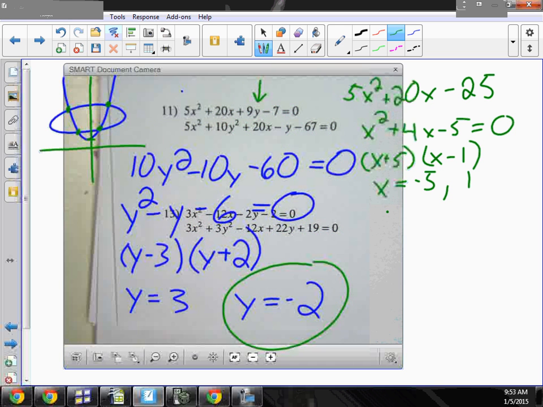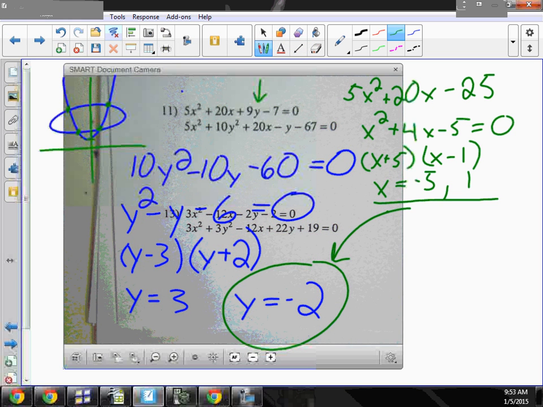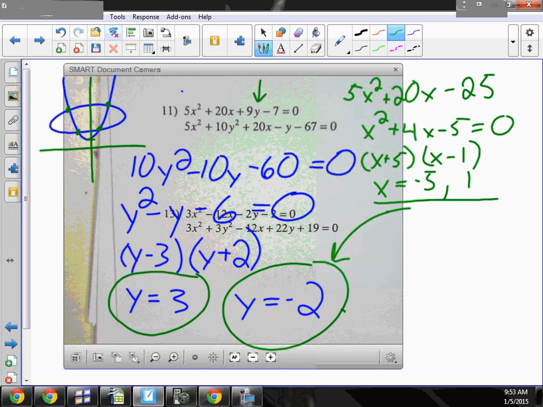So what's the intersection point? So yeah, both of these x's have that as a y value. Well, maybe not. This one might not have 2. We know that this y value has 2, but we're not sure about this one yet.